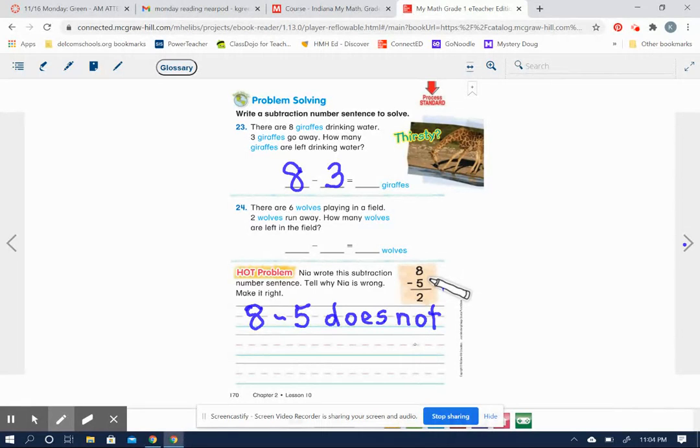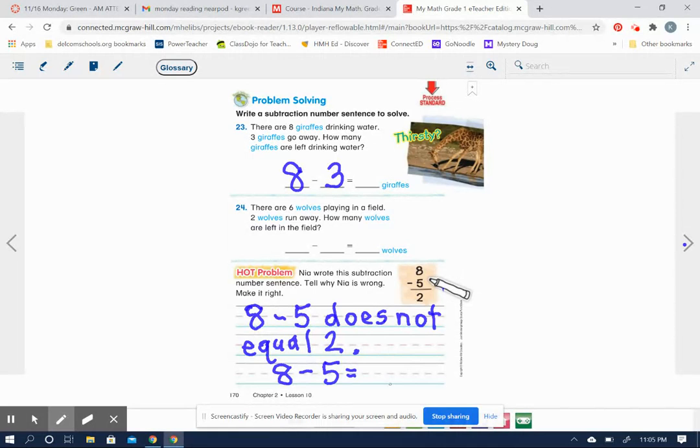My lights went out. 8 minus 5 does not equal 2. And what does it equal? 8 minus 5 equals, I'm going to let you finish that and turn that in.